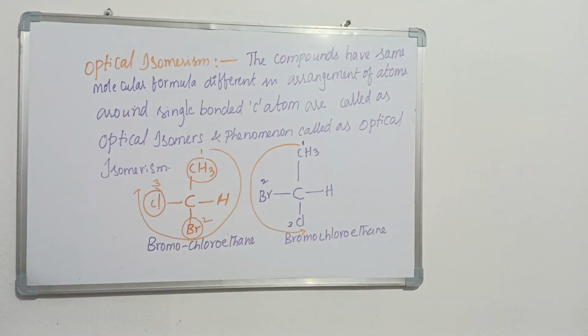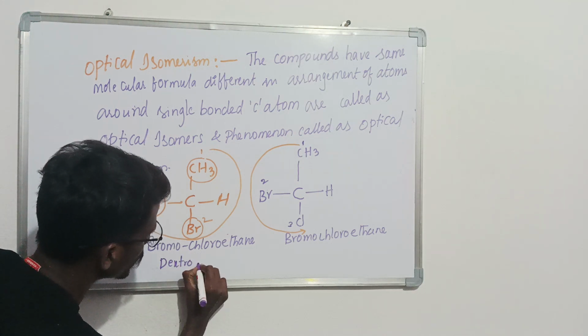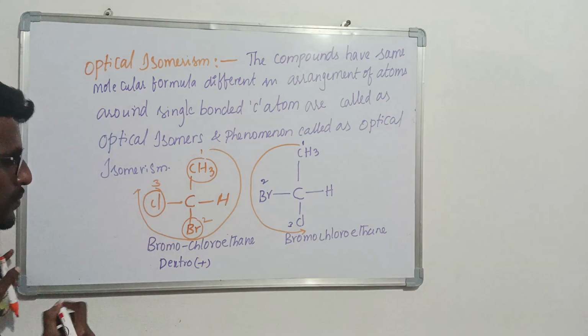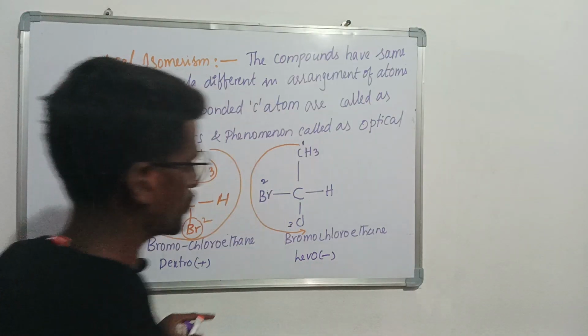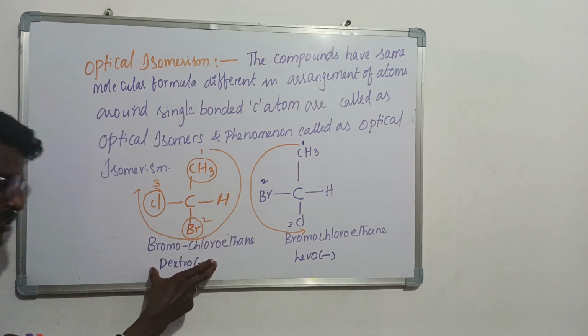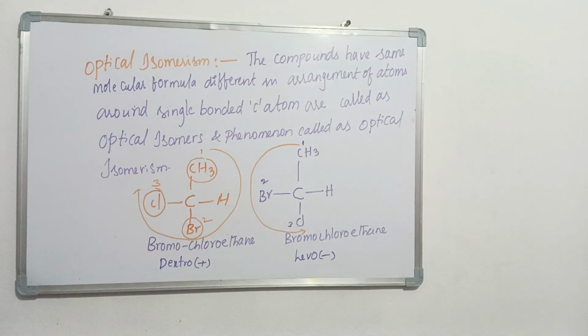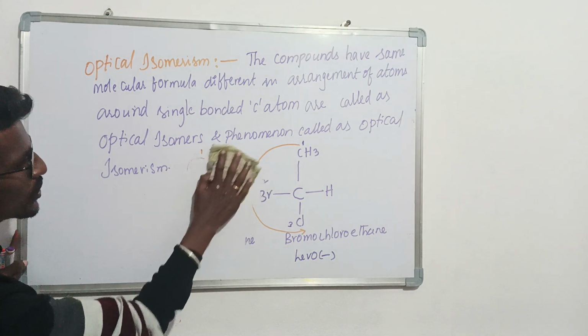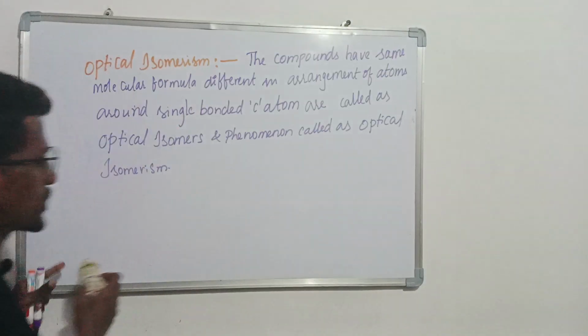Hence they are called dextrorotatory compounds, indicated with plus, and levorotatory compounds, indicated with minus. So what are these optical isomers?